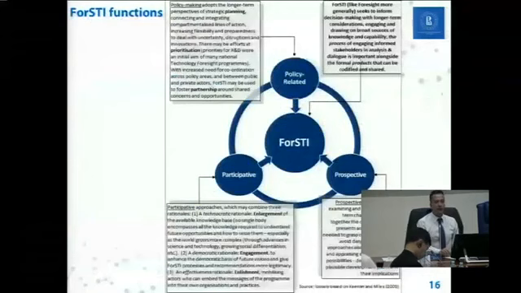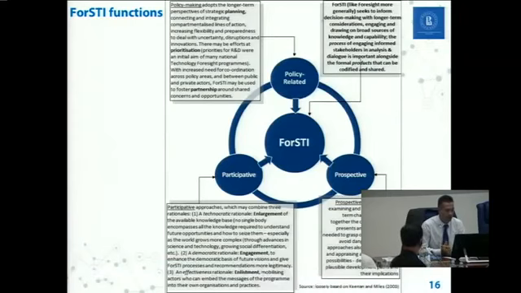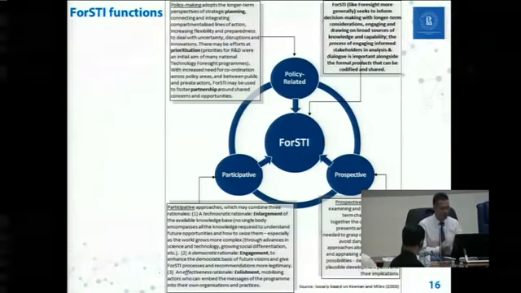And our ForSTI system is established on this kind of background. So it is first of all a participative process, bringing together all these different actors with the enlargement of the knowledge base, engagement of them, and then mobilizing them.